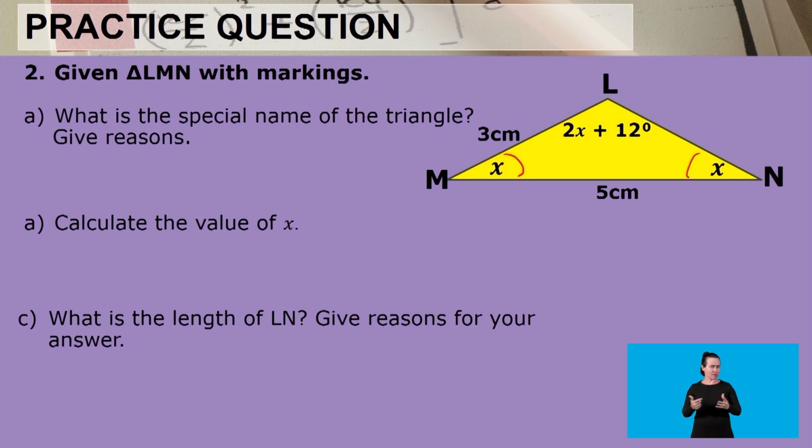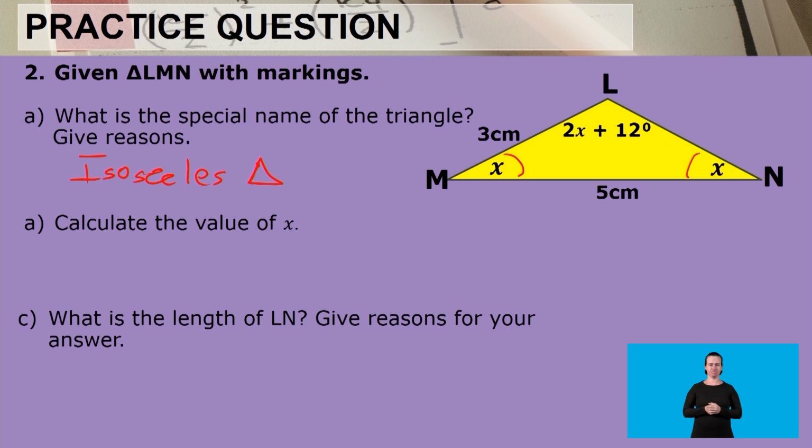A triangle that has two equal angles means that the opposite sides of that triangle are also equal. It's called an isosceles triangle. And then calculate the value of x, angles of a triangle equal to 180, the sum thereof.